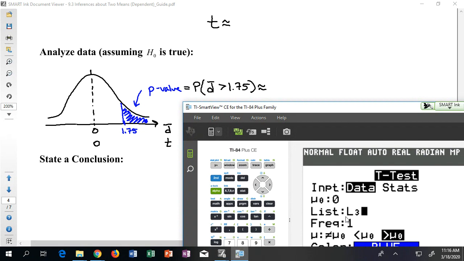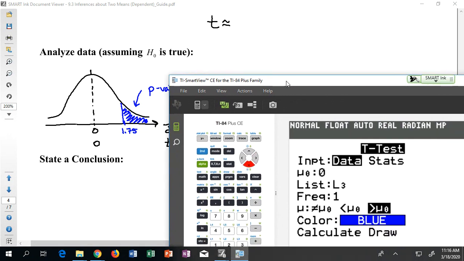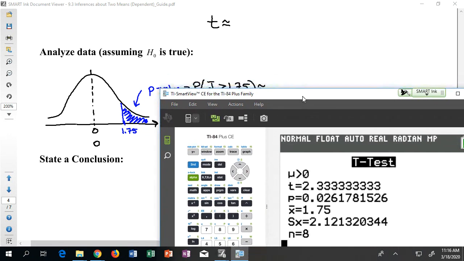I want the one that had the differences, and that was my list number 3. Notice that my mu0 is the number from the actual hypotheses. And down here, my alternative hypothesis said that I believe that the average is greater than 0. So we're ready to go all the way down to calculate, hit enter, and see what we come up with.